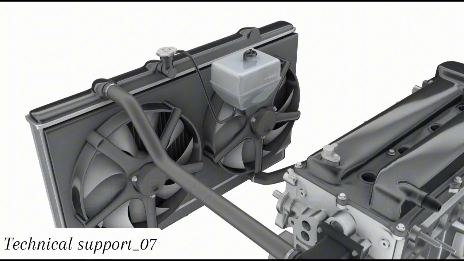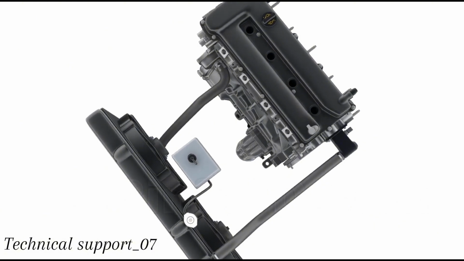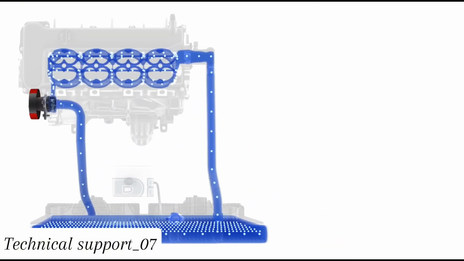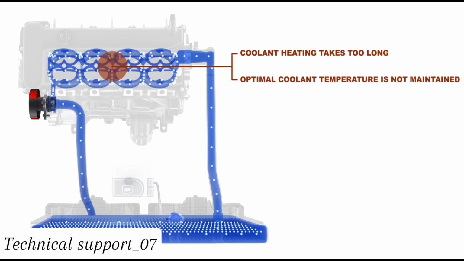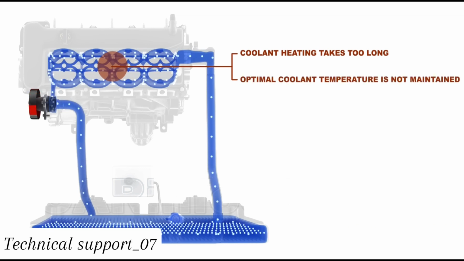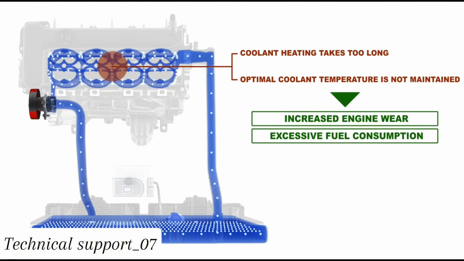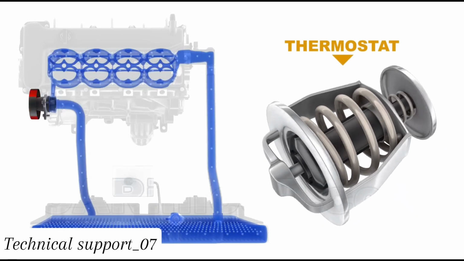This system is already capable of cooling the engine. However, due to the continuous passage through the radiator, it will take a long time to heat the coolant in this instance, and maintaining the appropriate working temperature will be a problem. This will result in increased engine wear and excessive fuel consumption. To prevent this, the system is equipped with a thermostat.